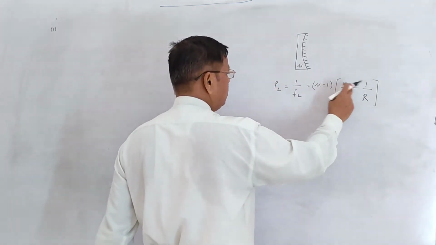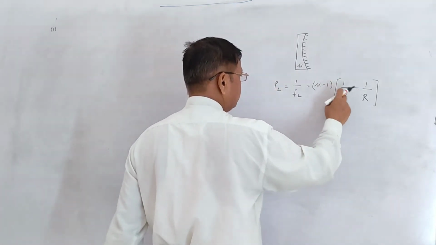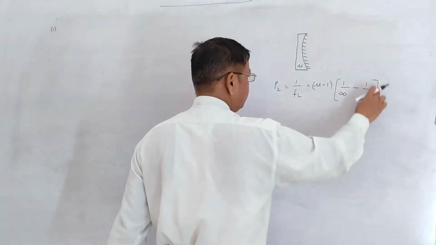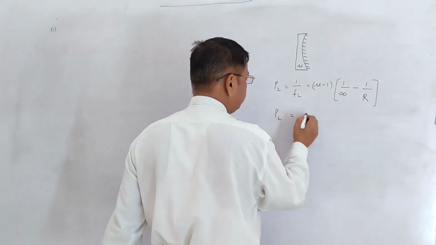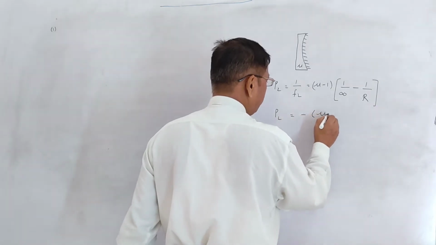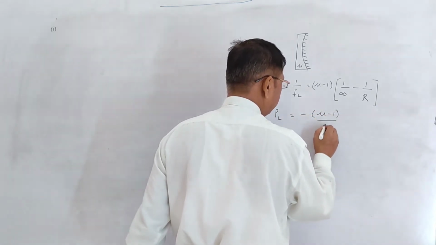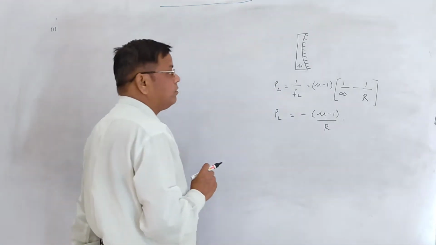So this is 0 minus 1 upon R. So this becomes 0. What remains here? Minus 1 by R. So PL will be equal to minus mu minus 1 upon R.